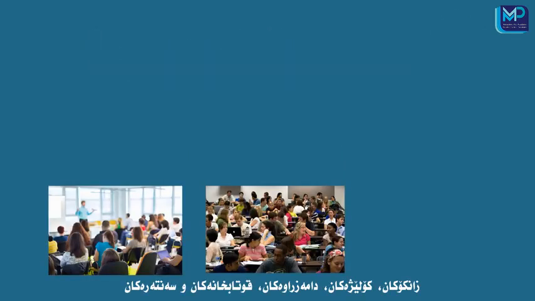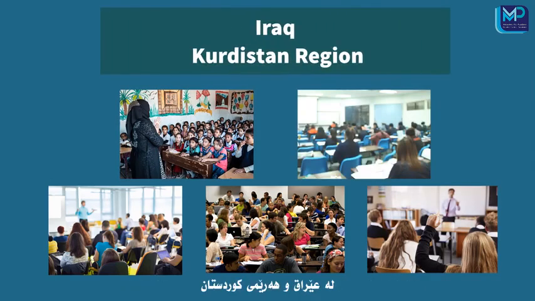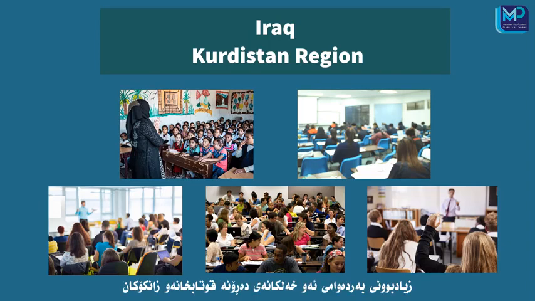Universities, colleges, institutes, schools and centers in Iraq, including the Kurdistan region, suffer from having large and crowded classes due to lack of sufficient study halls and an ever-increasing number of people going to schools and universities.